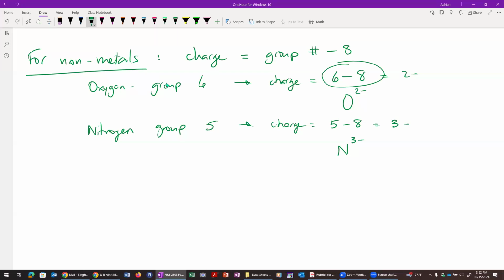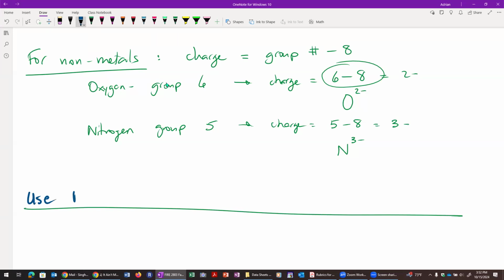But my point here is use the periodic table to quickly predict the charges on ions. It's very easy to do that as long as we can find the element on the table. Is it a metal? Is it a non-metal? Those are the first couple of questions you need to ask yourself. Once you figure out the charges, then comes the next part, which is putting the ions together in the right ratios.